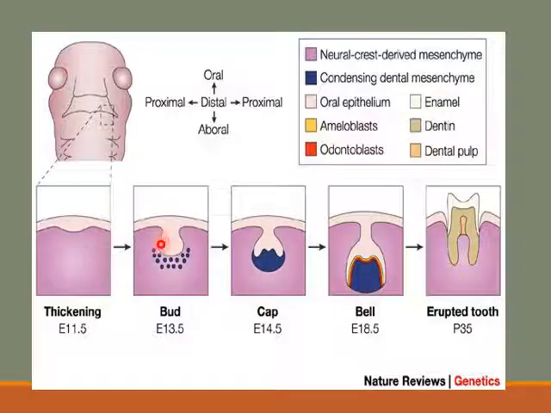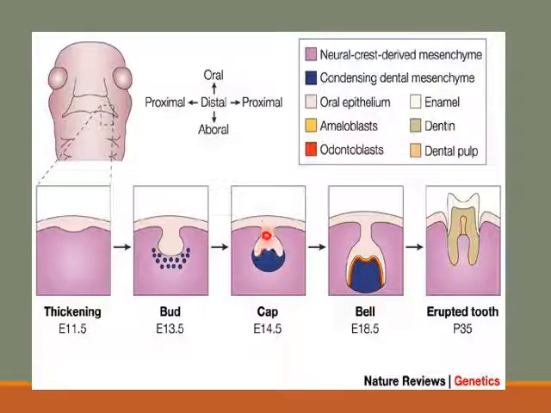So this represents the bud stage of tooth development, and this is the ectomesenchymal condensation of these cells to form the dental papilla and dental sac. This proliferation continues till the formation of the morphological stage of the enamel organ like a cup.